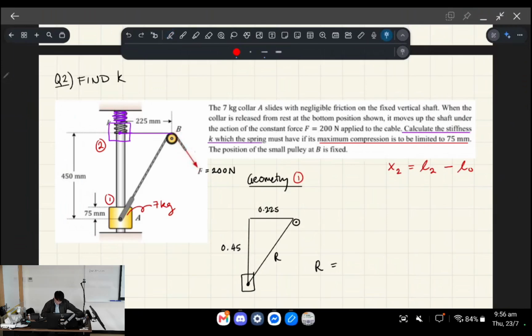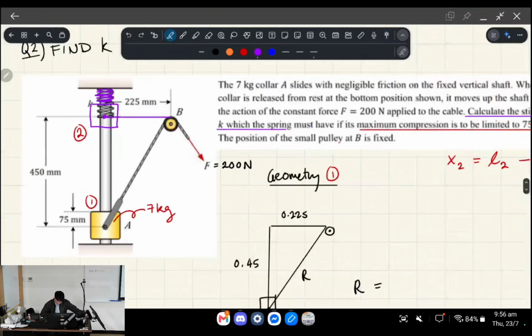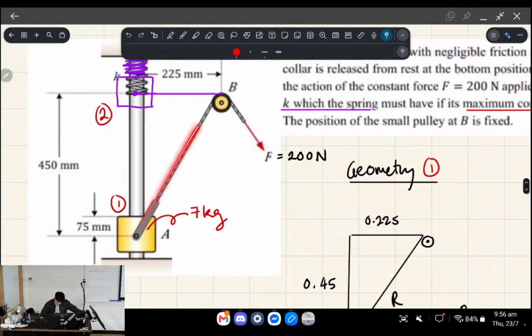And what you'll notice about this system is in position 1, let's just pretend this is where the rope ends. As the collar slides up the shaft, the rope's actually going to elongate. Well, not elongate, it stays the same length, but it's going to move along the pulley, okay?